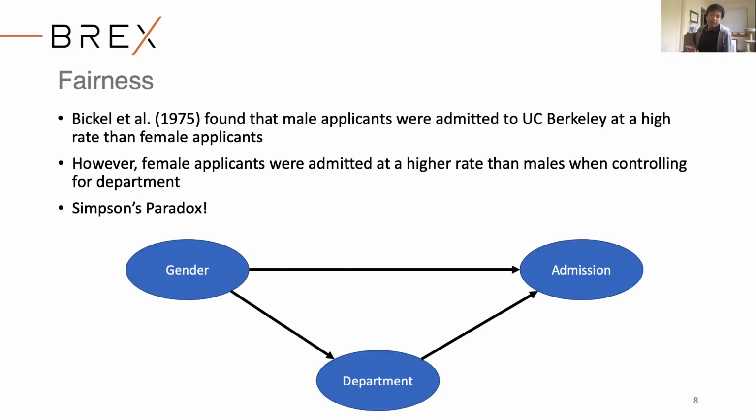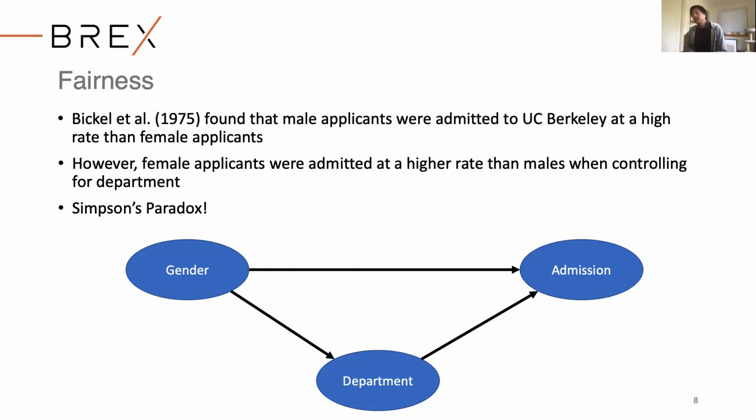It turns out that female applicants were applying to more difficult departments to get into, and those departments had a lower acceptance rate. When you aggregated all of that data together, females were less likely to get into UC Berkeley as a whole, but they were actually more likely to get into those more difficult departments, and any department they applied to, on average.